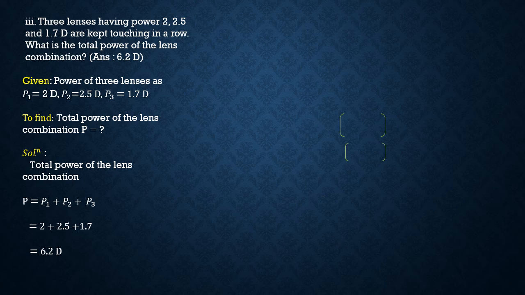So when three lenses are arranged in a row, the combined power of all three is nothing but the sum of their individual powers, and it is 6.2. You can say 2.0, 2.5, 1.7. So 7 plus 5 is 12, 2 carry 1, 2, 2, 4, 1, 5, and 1, 6. So 6.2 diopter.